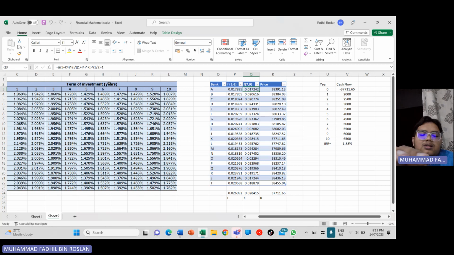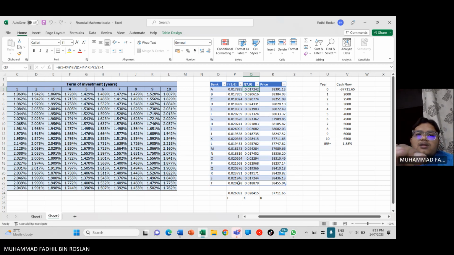We then raise this to the power of 1/2 and minus 1, so we get the answer.